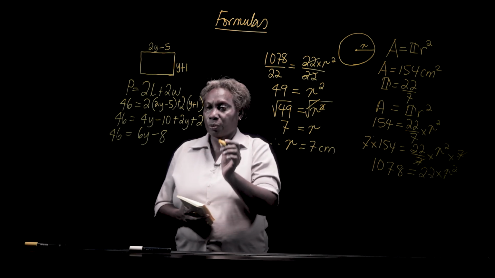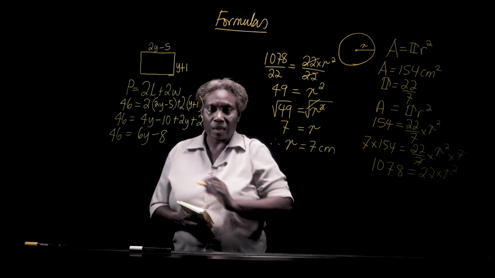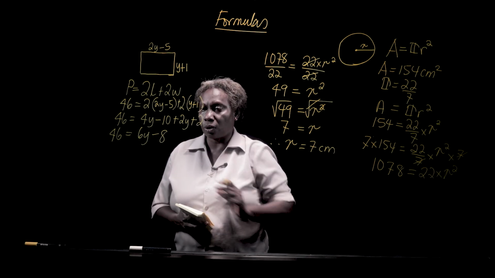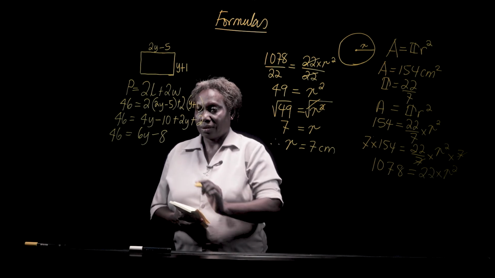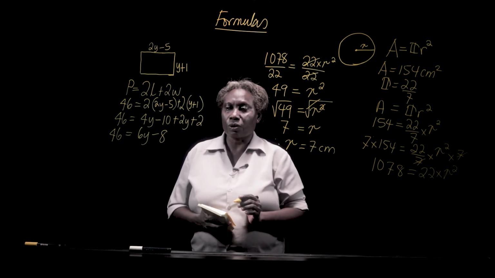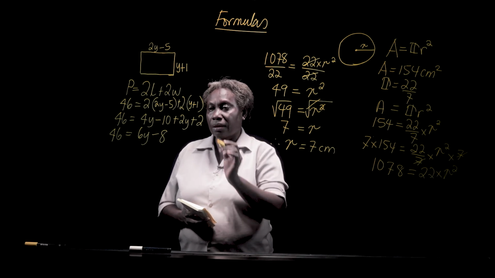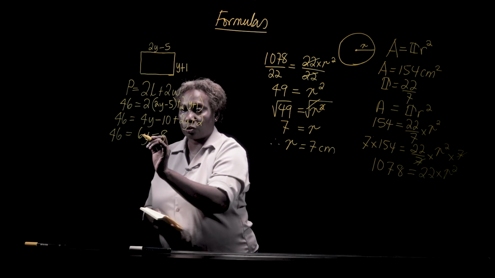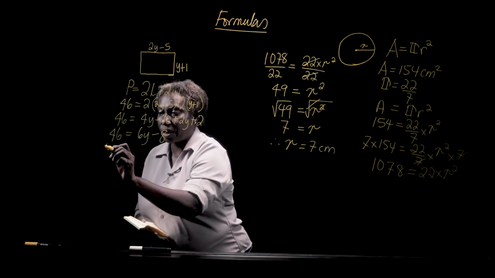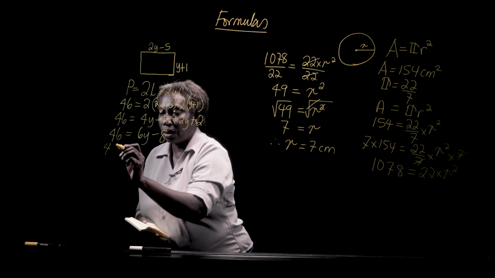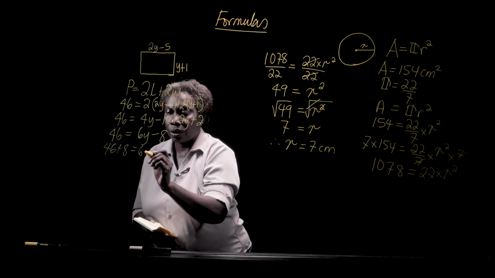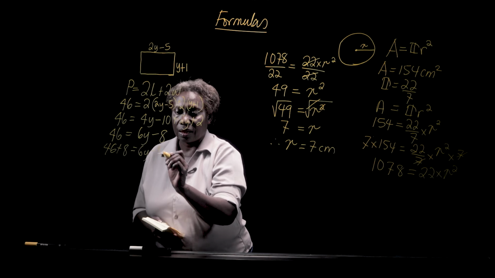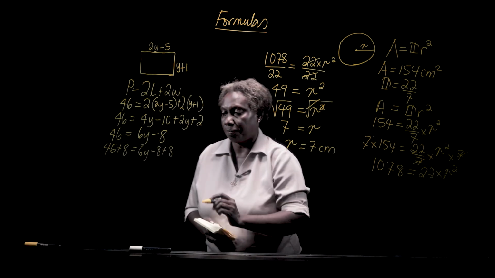We want y to stand out on its own, so we have to get rid of all those numbers on the right-hand side. The first one that we get rid of is 8. We add 8 on both sides of the equation to remove 8 from the right-hand side. So we have 46 plus 8 equals 6y minus 8 plus 8.